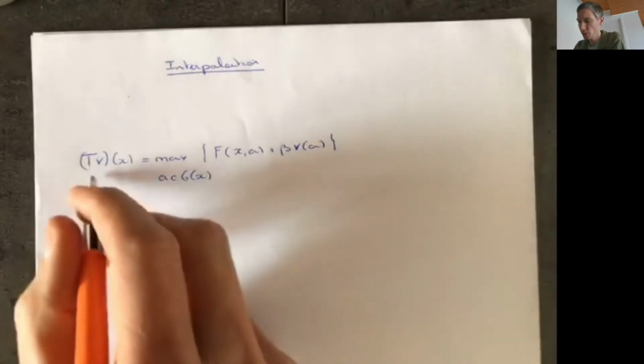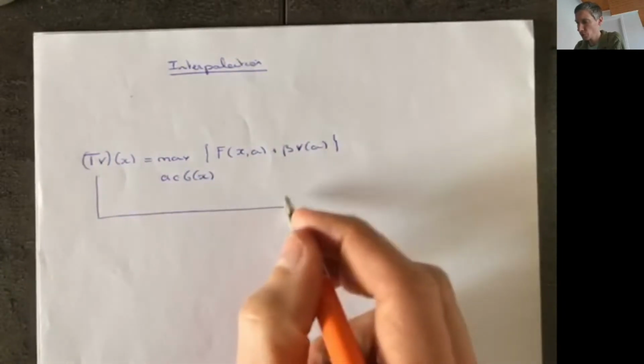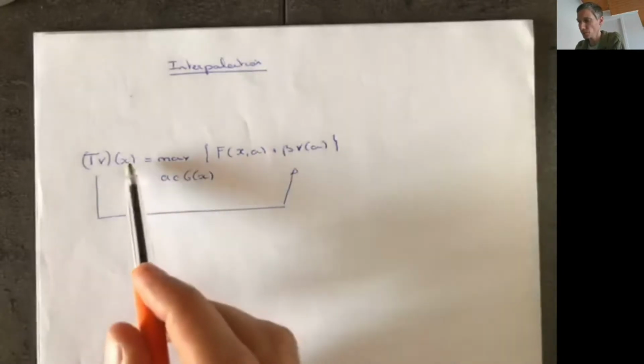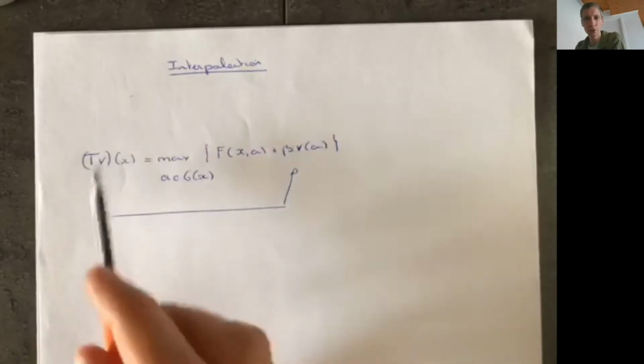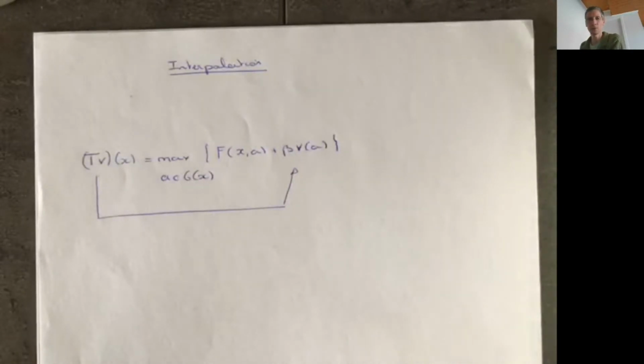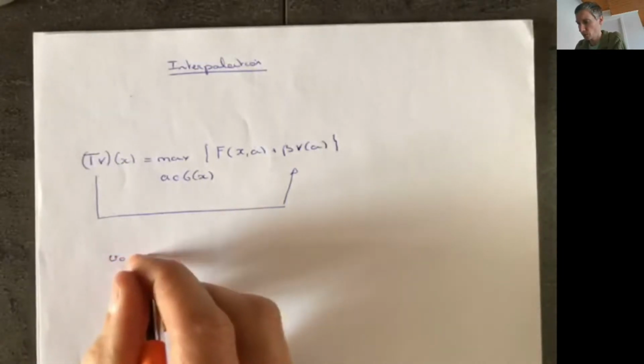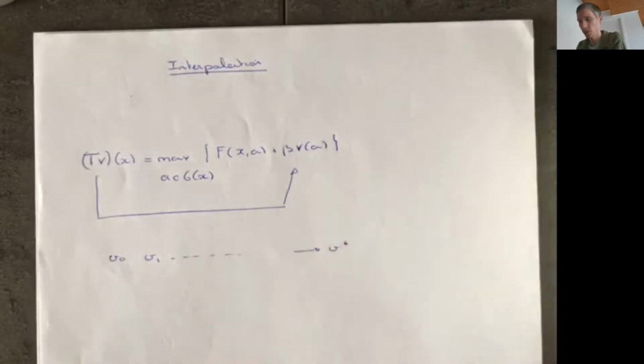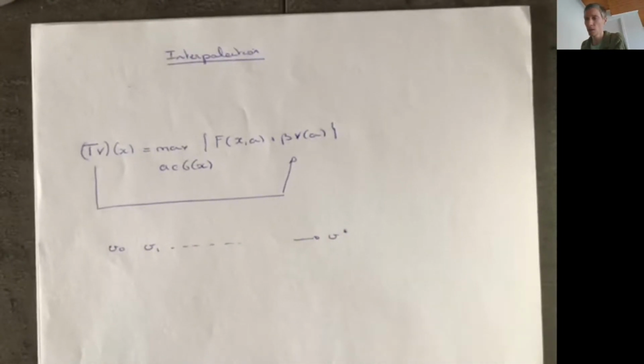Each time we get a new iteration of the function, and then we substitute it back into our objective function. So we get a sequence of functions, and this sequence approaches our desirable fixed point. So we generate a v0, a v1, and so on, and this converges in the limit to our v star.